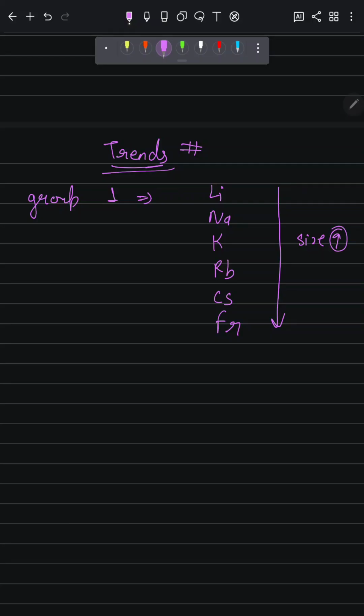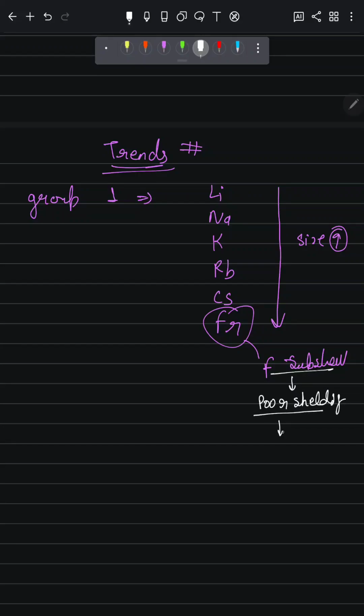But what happens here is that due to the presence of the F subshell and its poor shielding, the Z effective nuclear charge increases and the size decreases.